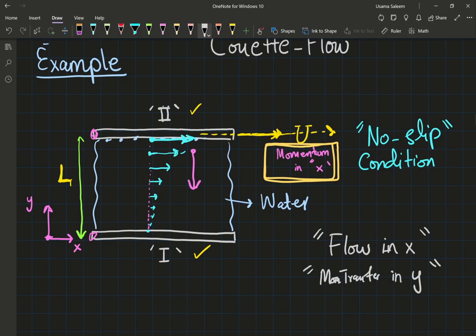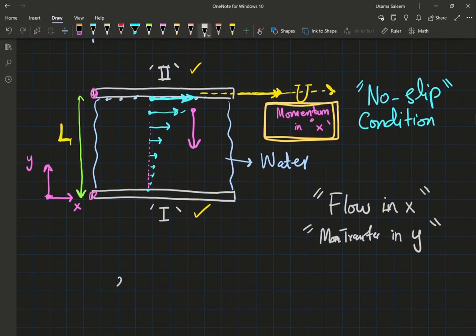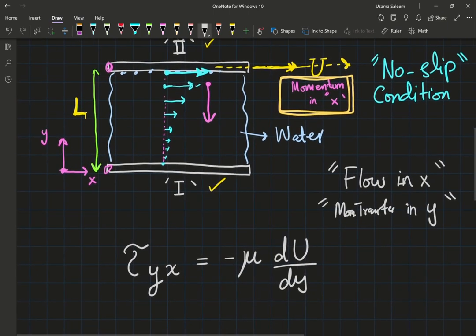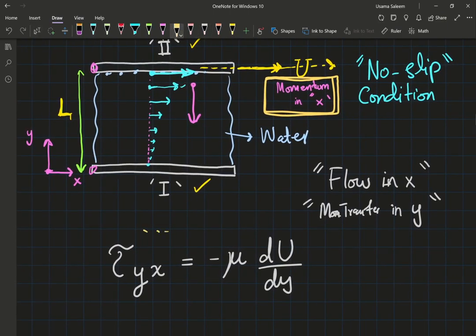All right, so now in order to fully describe this, if I were to follow Newton's law of viscosity, the transfer of momentum in the y direction due to flow in the x direction is proportional to the x component. Let me just write this as du/dy for now. So you see, just to break it down even further, this right here is going to be an element of a tensor matrix.